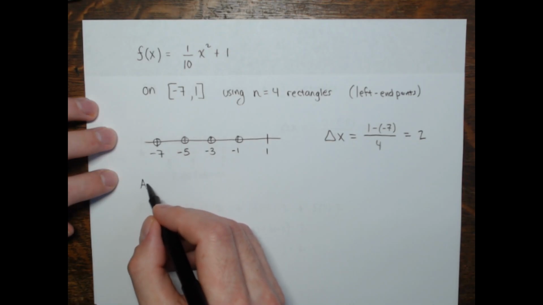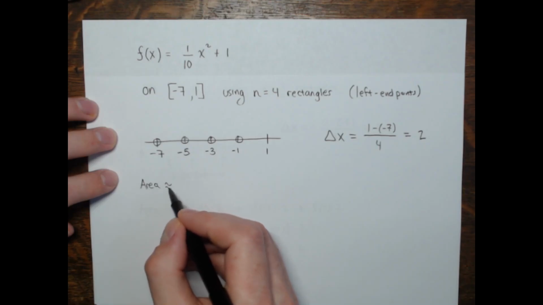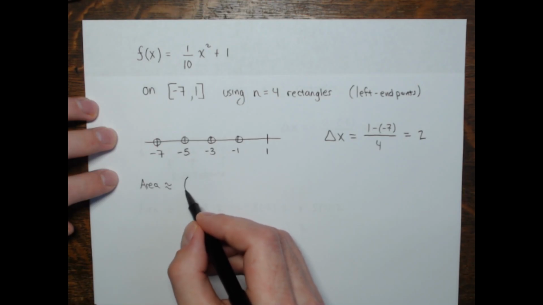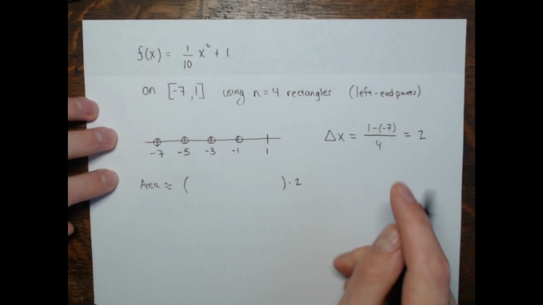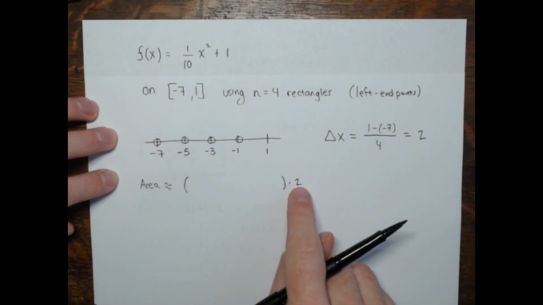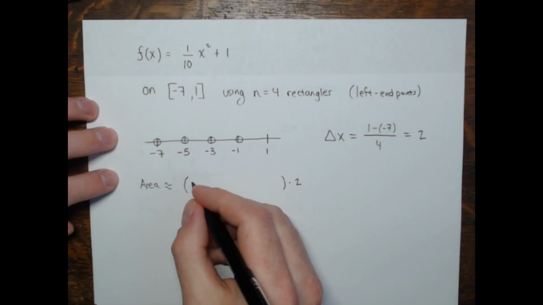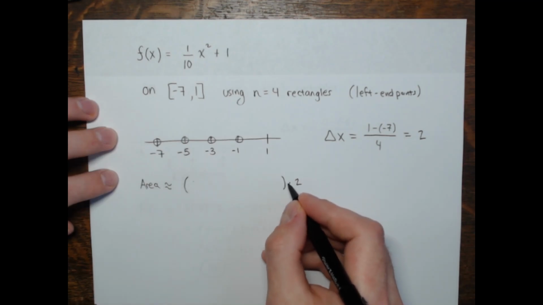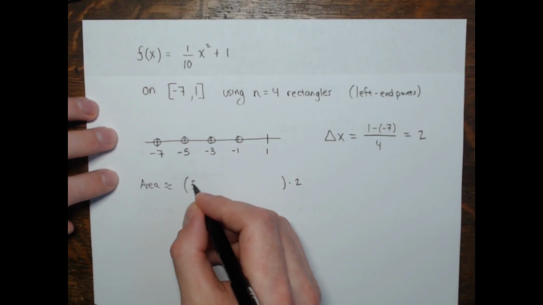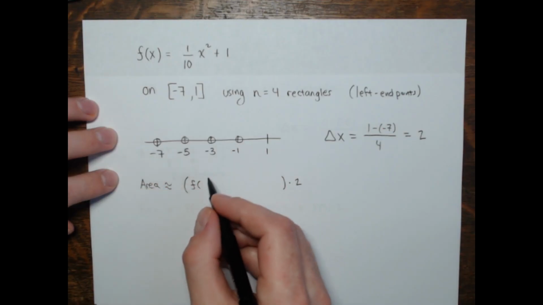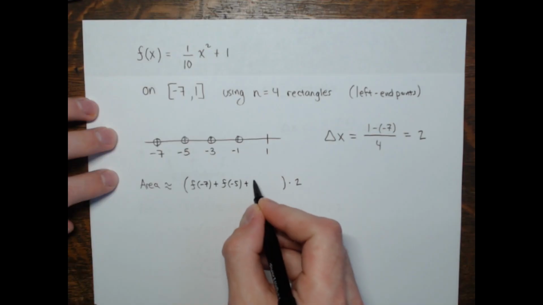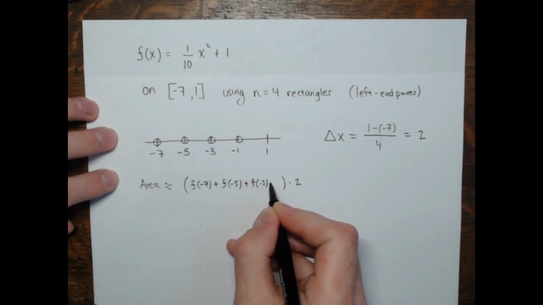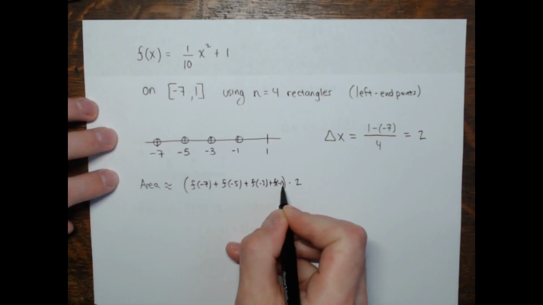So this area under the curve will be approximately, every single one of these will have times 2, the width, so I'll just factor that out right now. And then you just have the width multiplied by the sum of all the heights, which will be the value of f at these left endpoints: the value of f at -7, plus the value of f at -5, plus the value of f at -3, plus the value of f at -1.